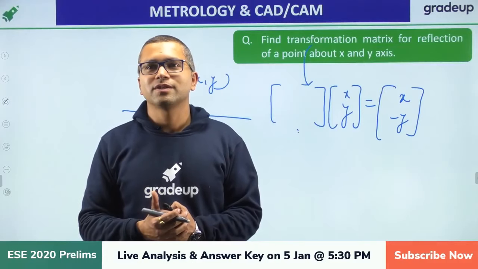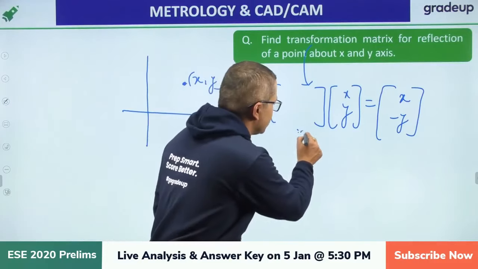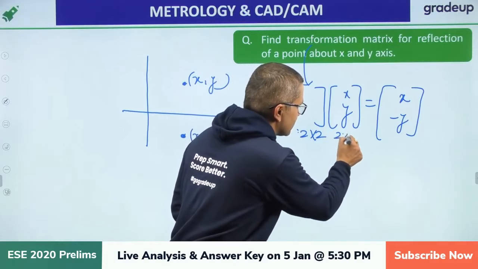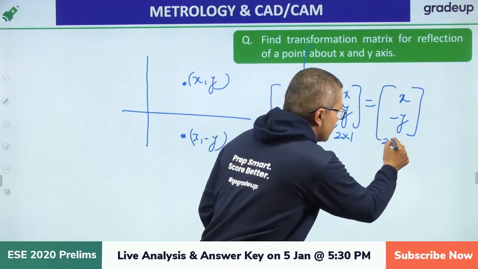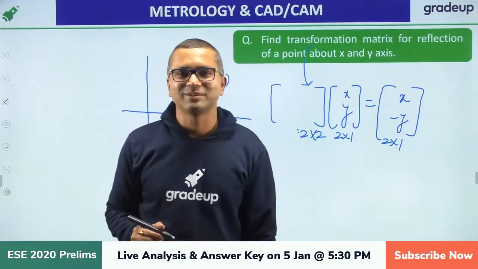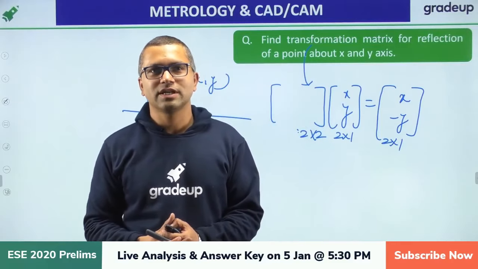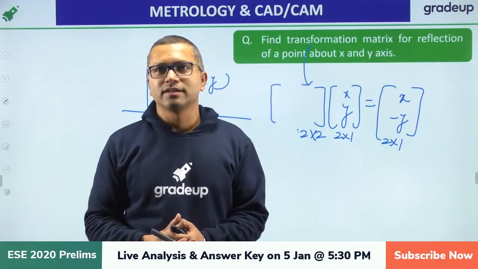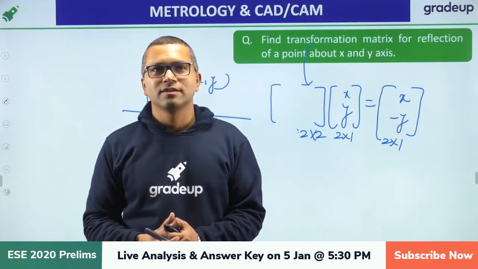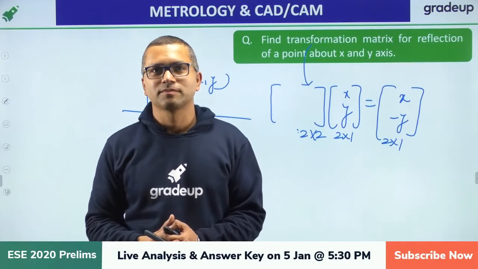Suraj says 2 by 2. Yes, it's going to be 2 by 2, because if this is 2 cross 1, then only it will be a 2 cross 1 matrix. Most of you have given the answers.